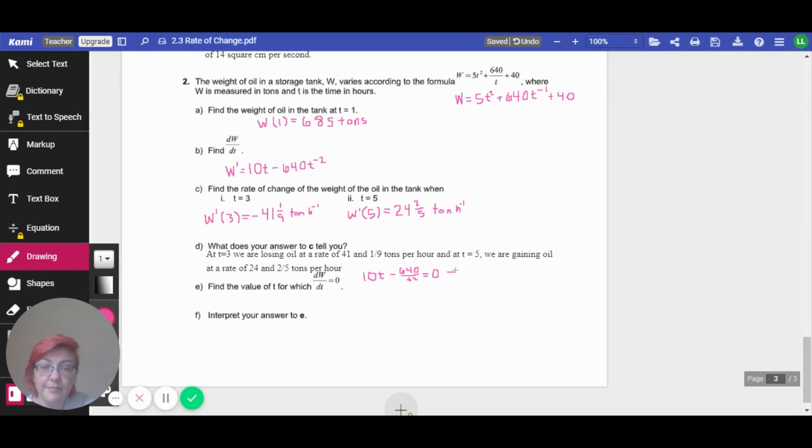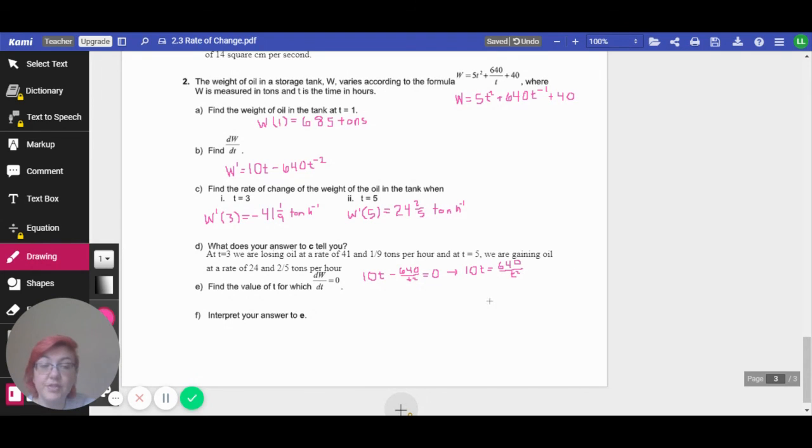Now from there, I'm going to add 640 over t squared to both sides. So that's 10t equals 640 over t squared.